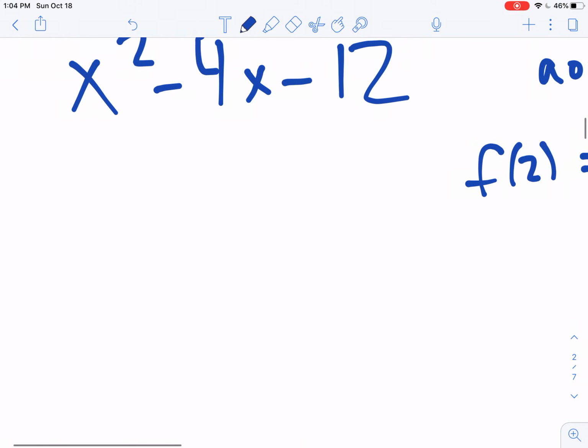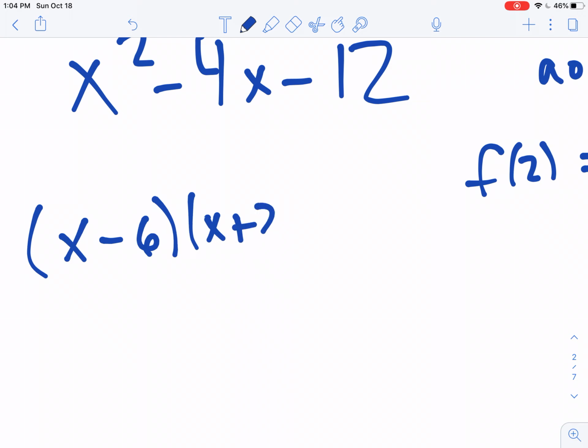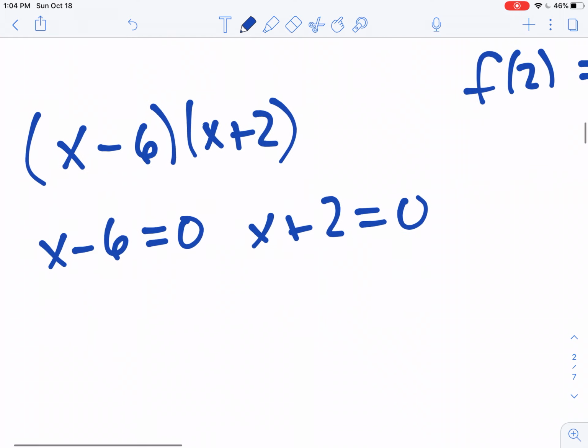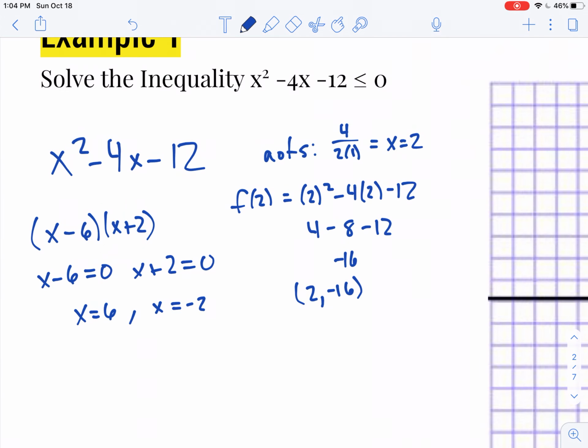I'll factor and find my x-intercepts. So I've got x minus 6 times x plus 2 as my factors here. So x minus 6 is equal to 0, x plus 2 is equal to 0. X is equal to 6 and x is equal to negative 2 for my x-intercepts. This matches up well considering my axis of symmetry.